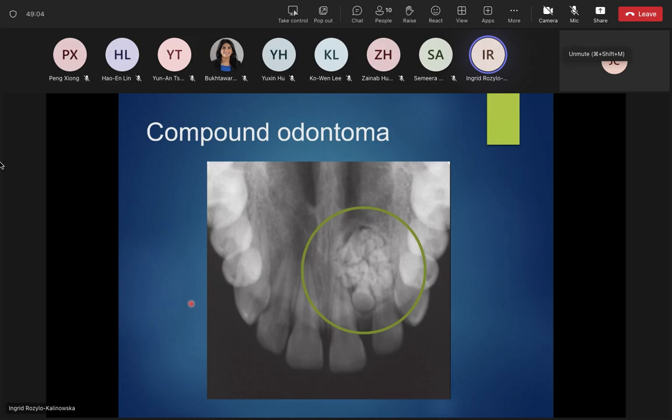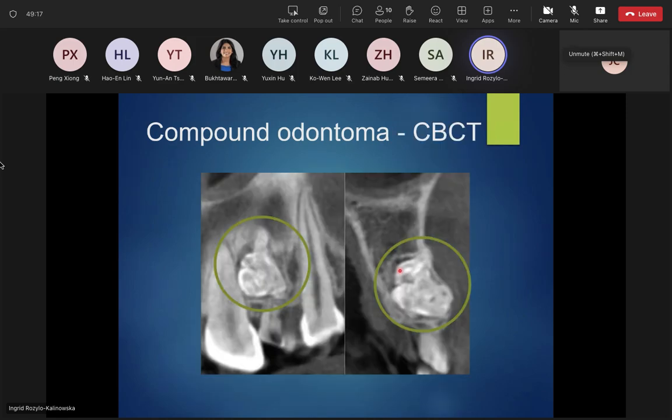So this is another example, a very typical compound odontoma, and it's made of these small teeth. Sometimes it may be difficult to differentiate an odontoma from a lot of super tiny supernumerary teeth. But this also happens, in medicine everything happens.